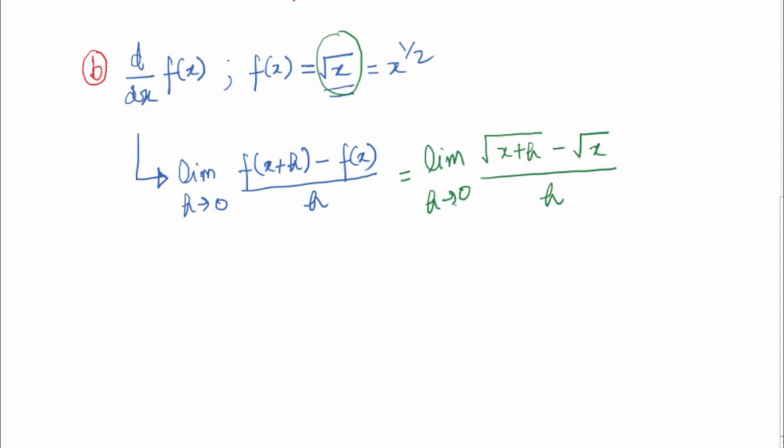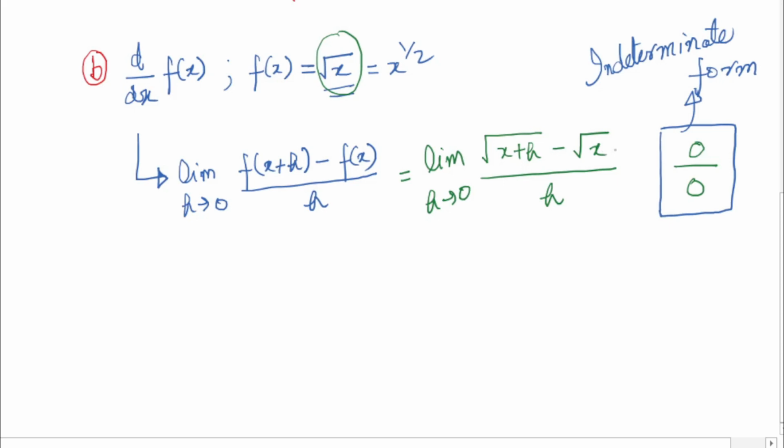If we put h tends to 0, the denominator is 0. And in the numerator, if we put h equal to 0, there is a square root of x and a minus square root of x, which cancel, and finally we have the 0 by 0 form. This falls under the indeterminate form, which we have seen in the previous lectures.